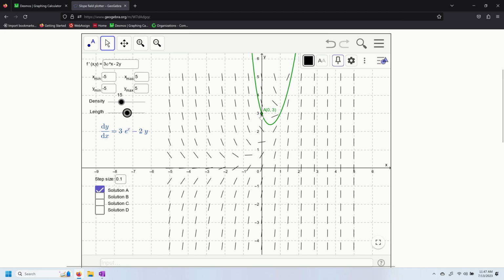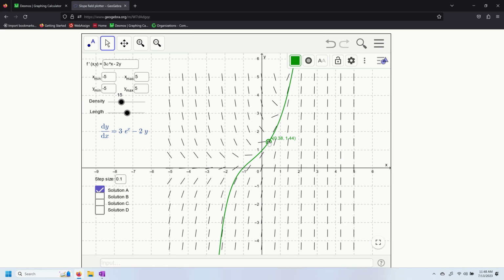If I take our initial value of 0 comma 3 and change it, you will see how this integral curve, our first solution, changes as I move it down here, just by changing the initial conditions. Anytime you change the initial condition, you end up getting a completely different integral solution, a completely different function of y, which is fascinating.